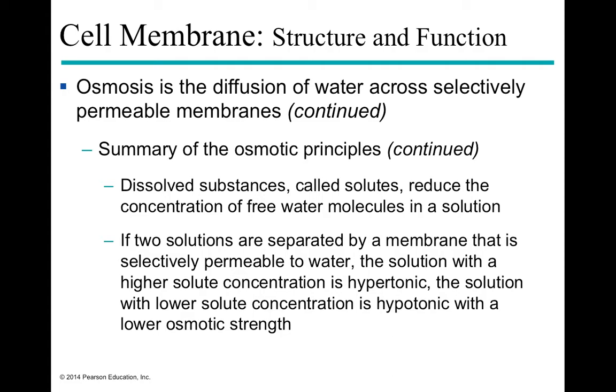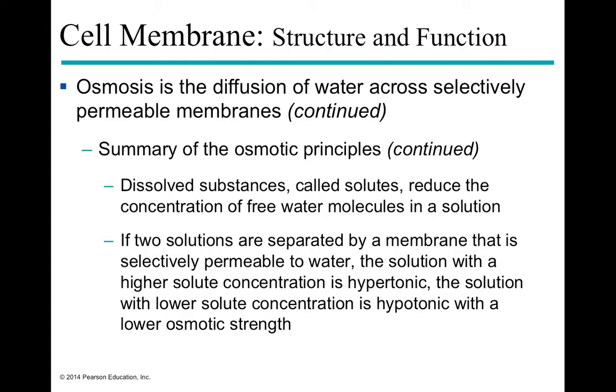Again, anything that's a solute in the solution is going to reduce the concentration of free water. So every 5% sugar is going to reduce the concentration by 5%. And if we have a semi-permeable membrane and we have solutions that are on one side and the other, if it's isotonic, it will not change. We will have water going in and out at the same rate.